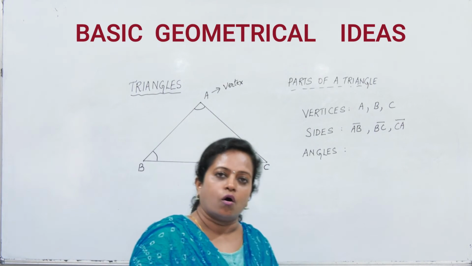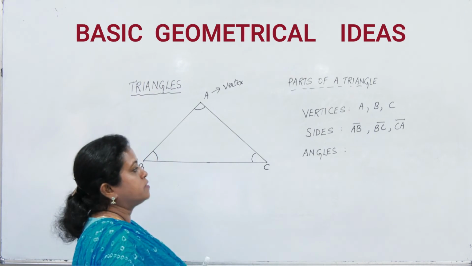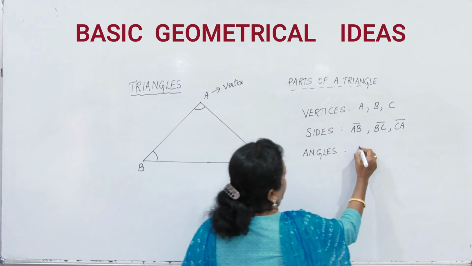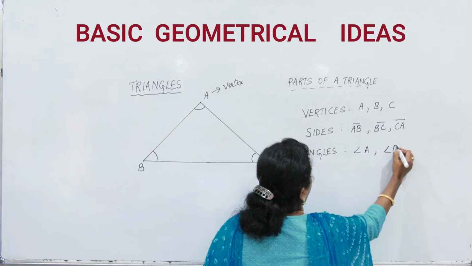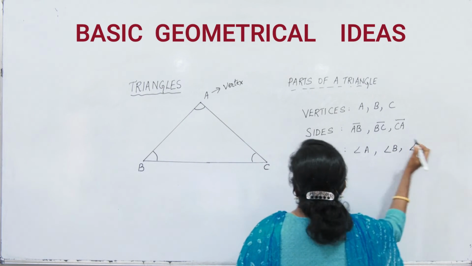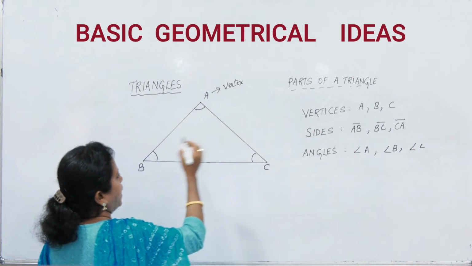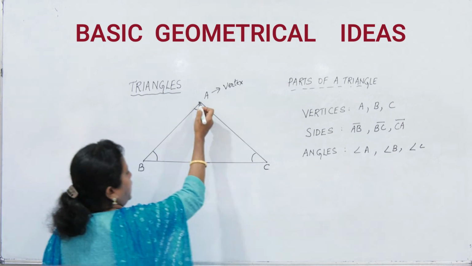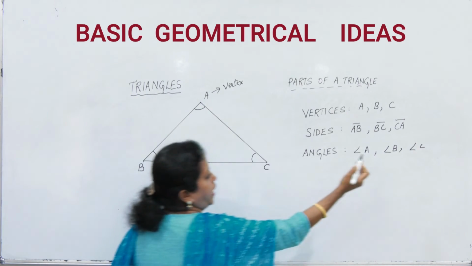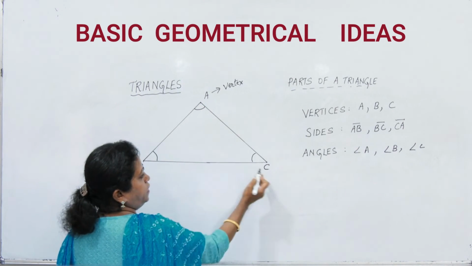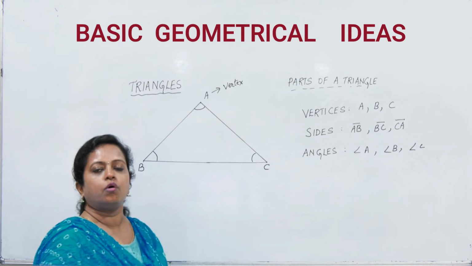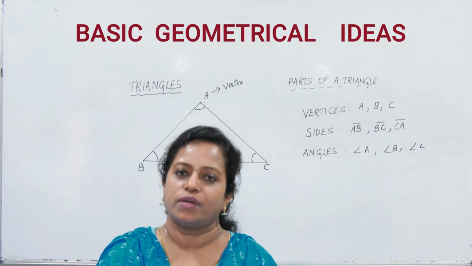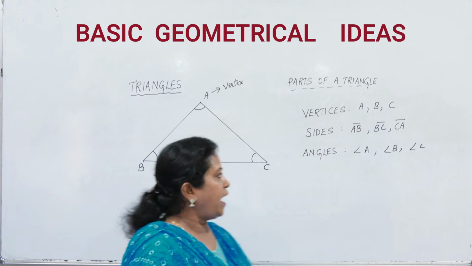You can name the angles as angle A, angle B, angle C. Or if you want, you can name angle A as BAC, angle B as ABC, and angle C as BCA. So remember, in a triangle there are three vertices, three sides and three angles.